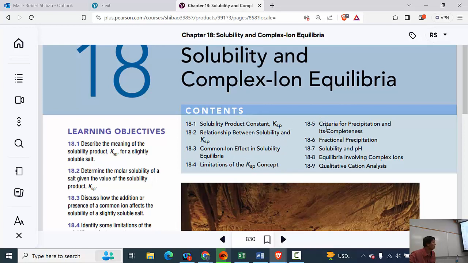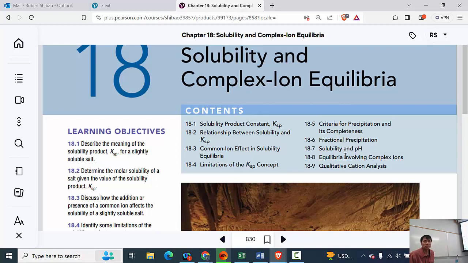In 18.5, criteria for precipitation. So we're looking at precipitation and dissolution, and how much precipitates. 100%, 99%, 90%, etc. We look at fractional precipitation. Fractional precipitation is used to separate ions. Like we already did a fractional precipitation.